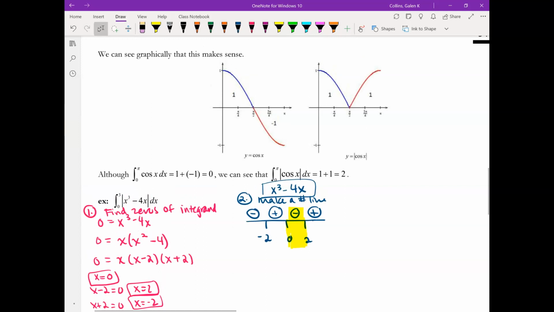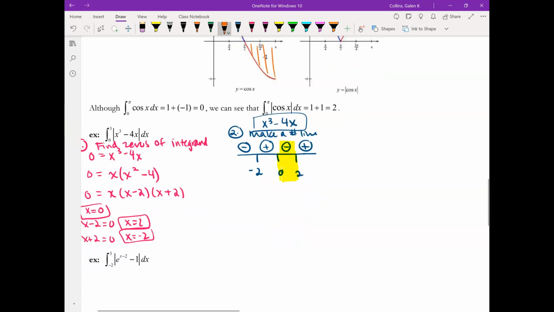So just like up here, if you've got a negative area under the graph, we're just going to multiply it by -1 to get the positive area. And the place where the function is already positive, from 2 to 3, because we're integrating from 0 to 3, I don't need to change that.